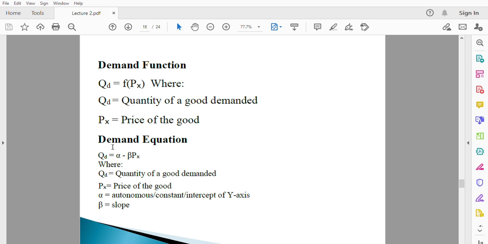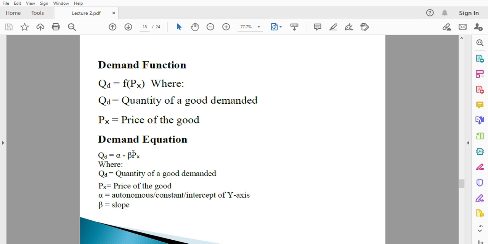So a typical demand function can be this, where the alpha normally is just a number, a figure, and it is called autonomous demand, or constant, or intercept of the y-axis. So autonomous demand or a constant is a figure, and the beta is the slope.